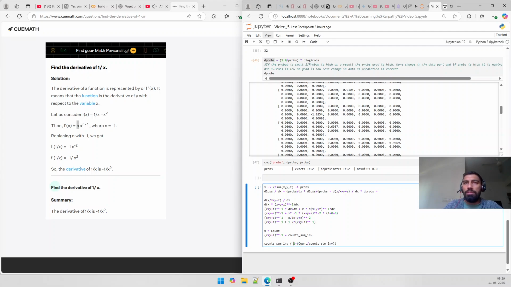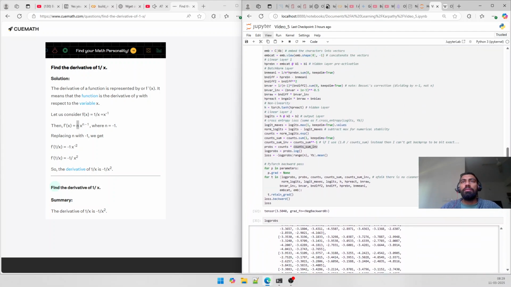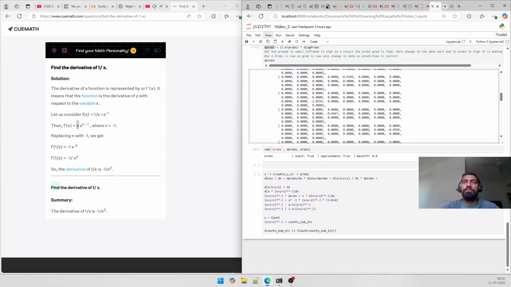This is the gradient. So this is d count sum inverse. Hopefully this should give us something.